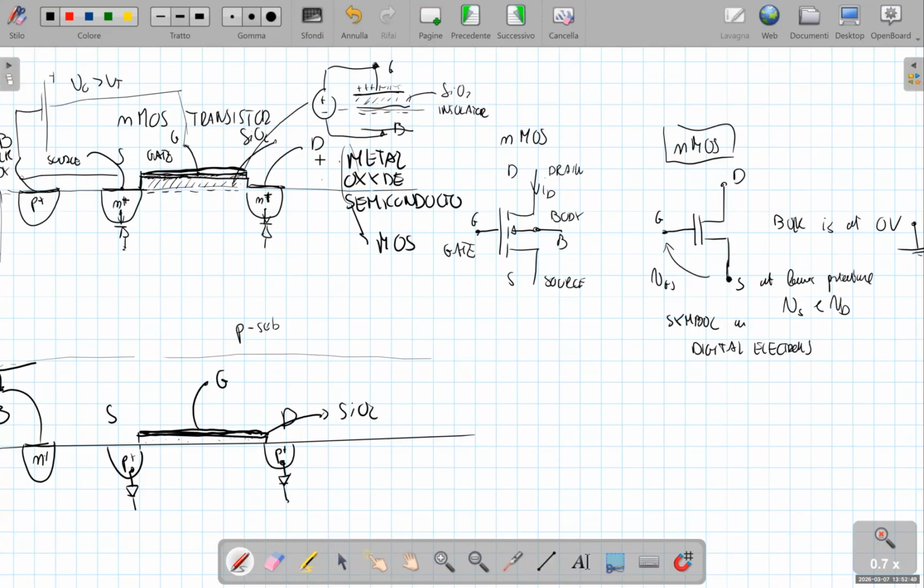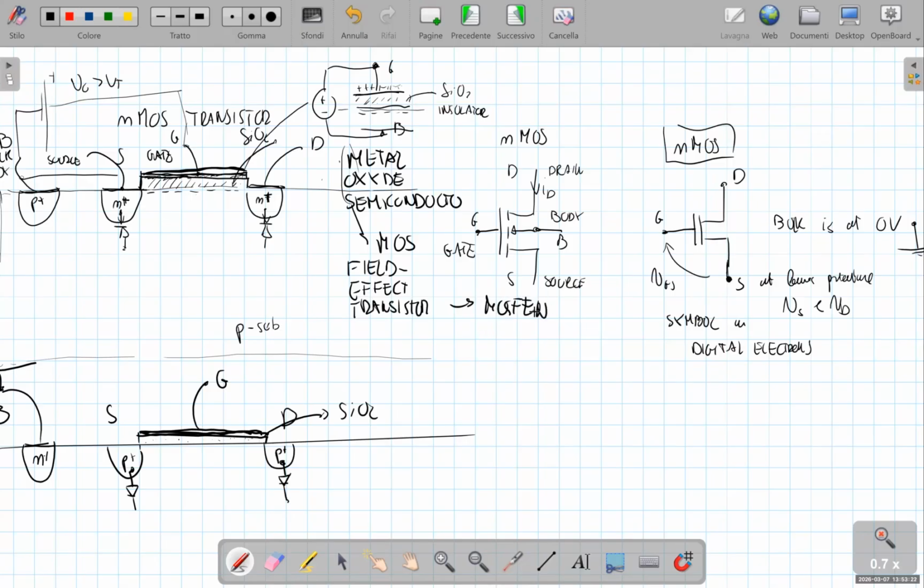Since this structure behaves as a transistor when an electric field is applied between the gate and the bulk, the full name of the device is metal oxide semiconductor field effect transistor. So the full name is MOSFET.